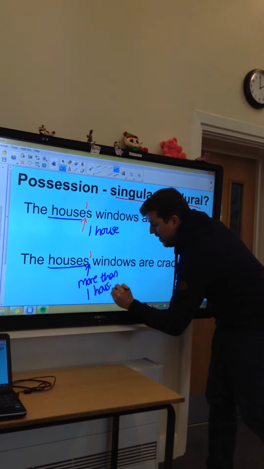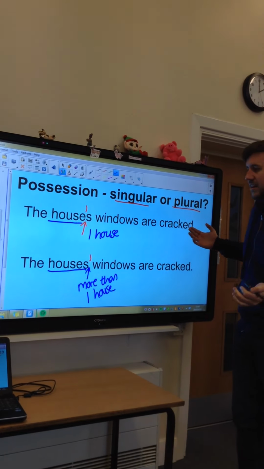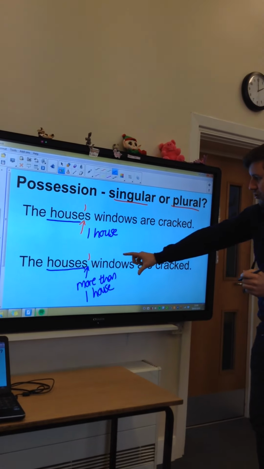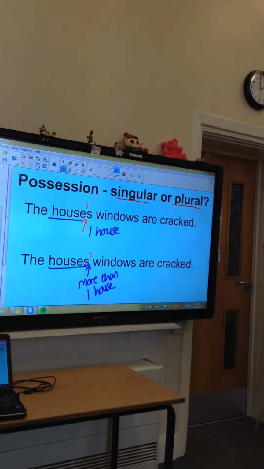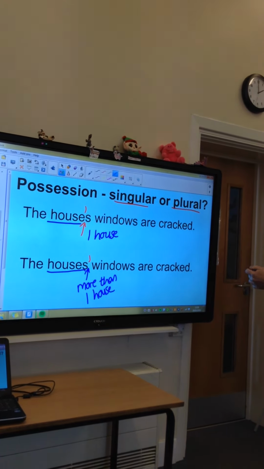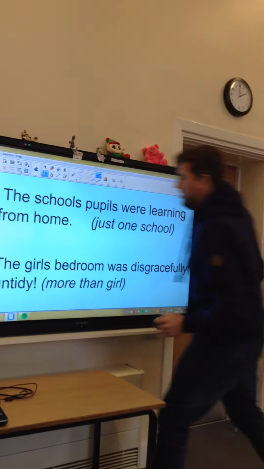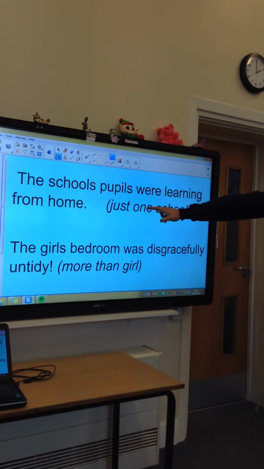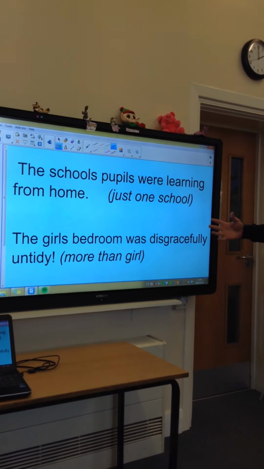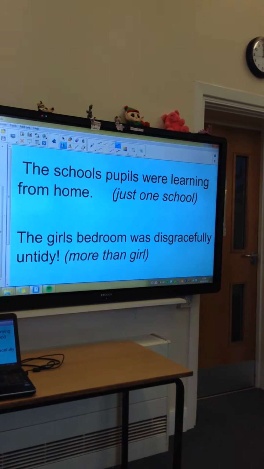Now that could be 2 houses, it could be 3, 5, 10, 100 houses. Either way, if the apostrophe is after that word, after the s, we know that there is more than one house whose windows are cracked there. So, have a look at these two sentences, and it tells you whether it is just one or more than one. So have a look, see if you can spot where the apostrophes are going to go.